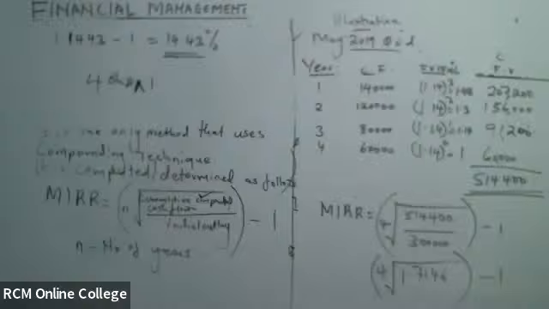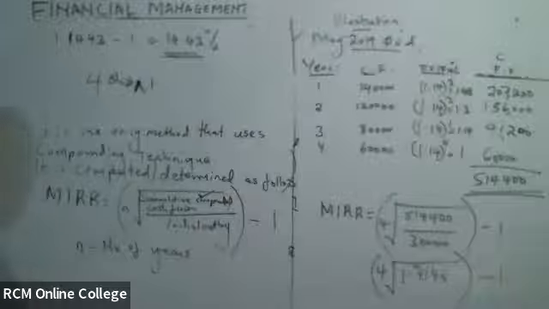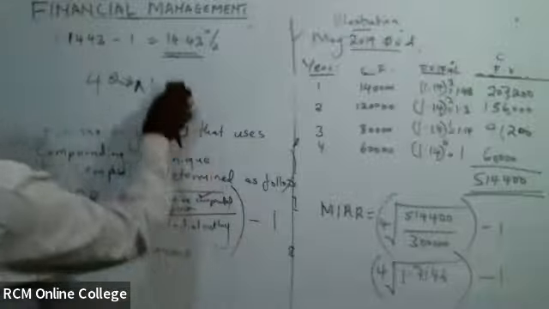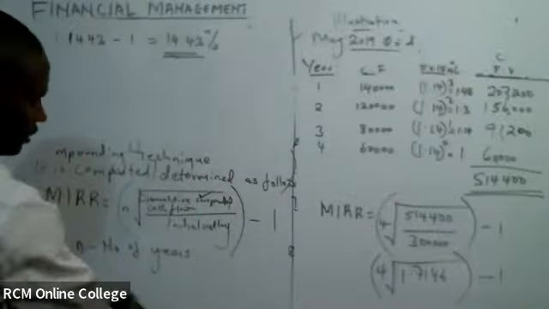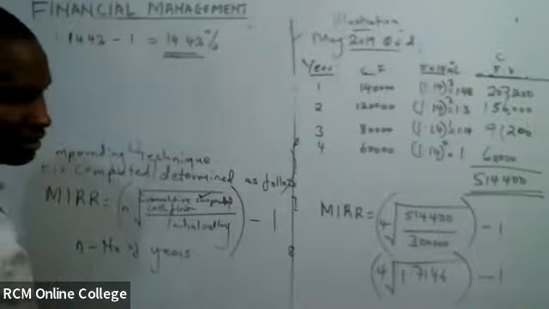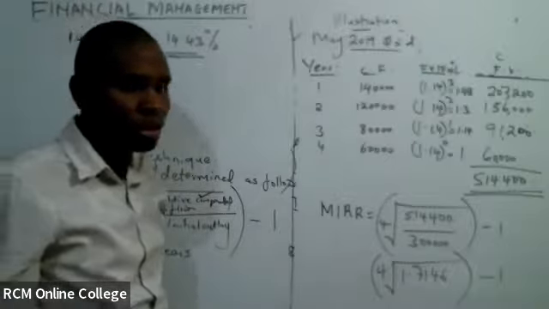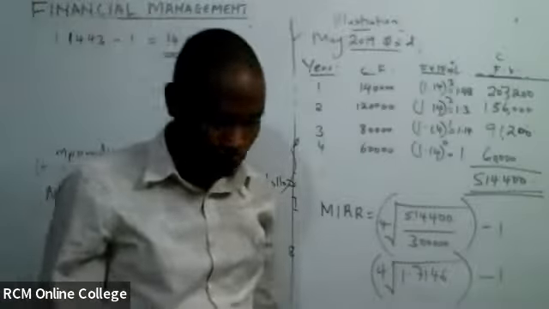14.43. Frida confirming. Great, that's good. Anybody else who wishes to confirm what they are getting? Yes, that is confirmed. Great. Once you know how to get the root, things become very easy. So our MIRR is 14.43, and in that case the interpretation is that when the MIRR is greater than the cost of capital, you accept the project.